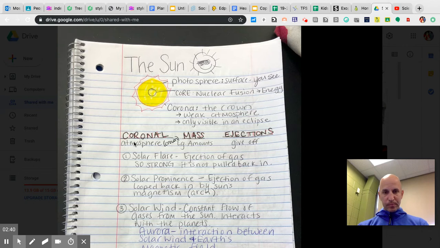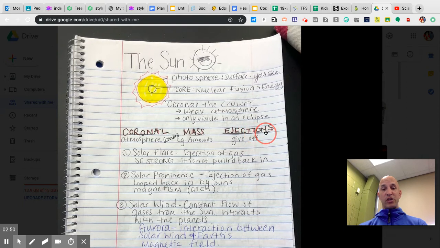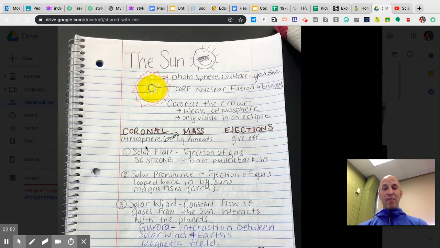All right, going down a little bit. I don't think we talked about this term yesterday, but a lot of stuff that you saw yesterday fell into this category of coronal mass ejections. What that means is the atmosphere, the crown, gives off ejections, meaning large amounts of atmosphere.